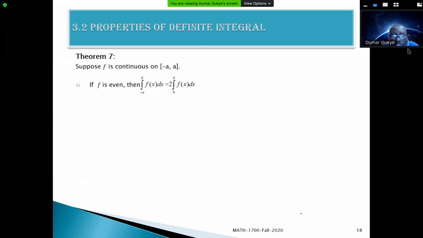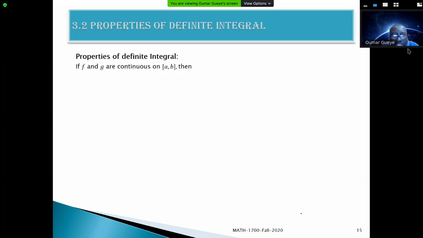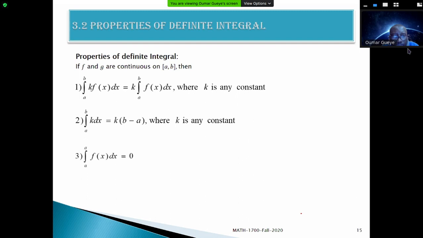So I'm just going to show you the property that we've seen yesterday. When you integrate from a to a, your integral is going to be 0. And that's what I use here.